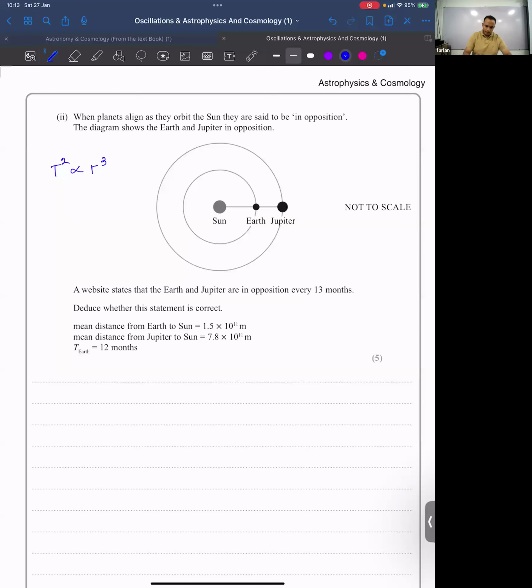Now, if an object is moving in a circle, we have learned, if it is moving at an angular speed of omega, and let's say it's moving an angular displacement, angle theta, in a time t, that means theta is equal to omega into t.